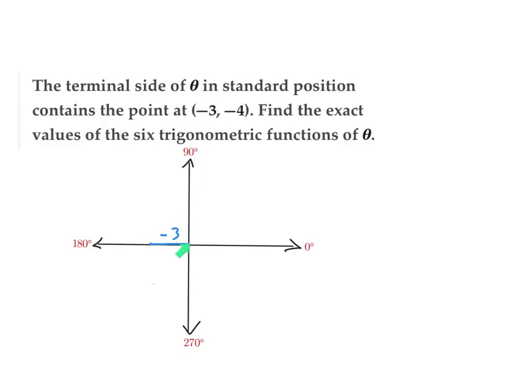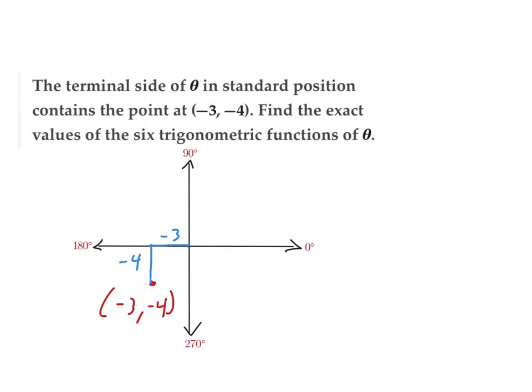Which way am I going to go from here? Down 4. So I end up at my point, negative 3, negative 4. In the process, I have drawn my x and my y. It is important that you keep the signs that are there, and notice that it's down in the third quadrant.